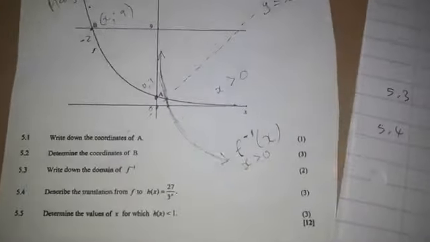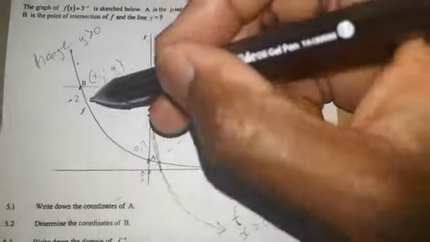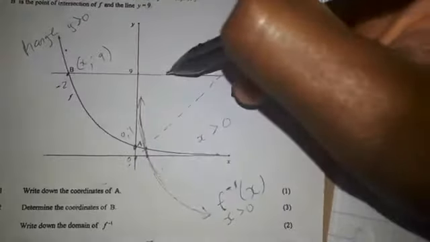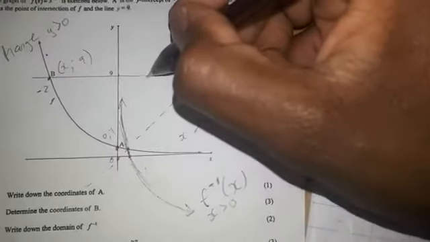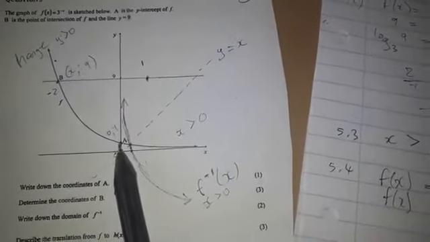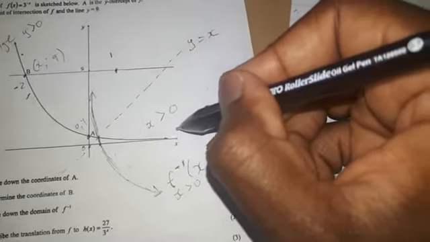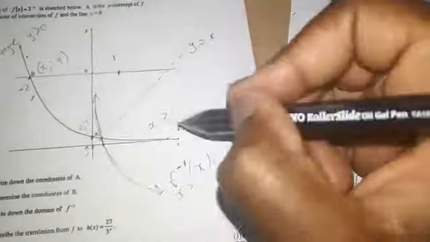If this graph was moved 3 units to the right, firstly let's picture it before we answer this question. It would move 1, 2 units, 3 units. So it would at least be passing there now, where this is, say, like a positive 1. And then if this is 0, it would go 1, 2, 3 units. So that point would be somewhere there, and then obviously it would still just be an exponential graph.